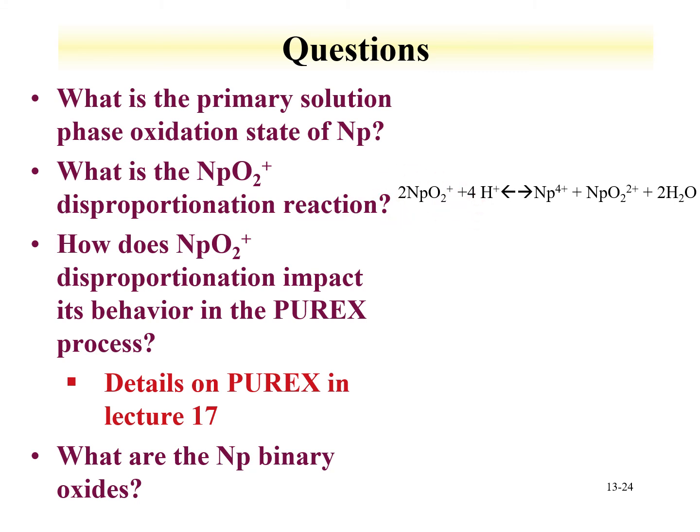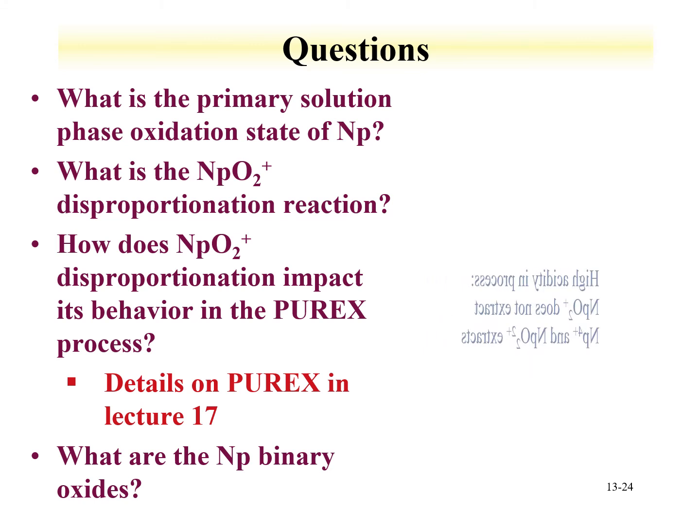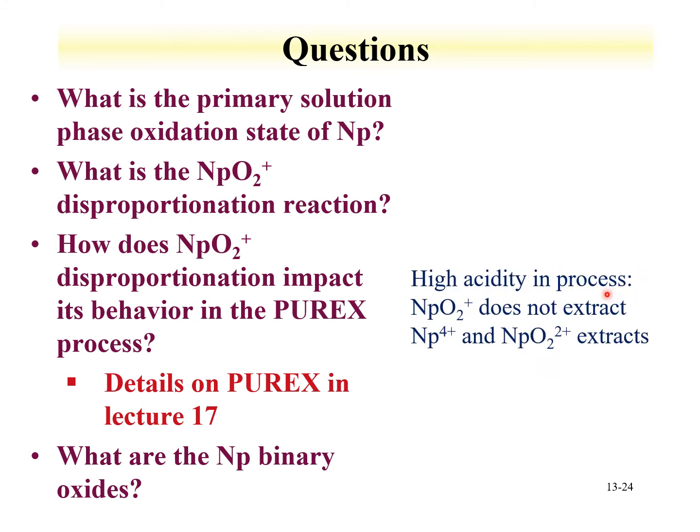However, the process is acidic, so you can get disproportionation of Neptunium to the 4 and to the 6 oxidation state, and both these extract. So in this high acidity process, Neptunium-5 does not extract, but Neptunium-4 and 6, like plutonium-4 and uranium-6, extract in the Purex process. So if Neptunium undergoes disproportionation, it can actually go in both the aqueous and the organic phase of the process.